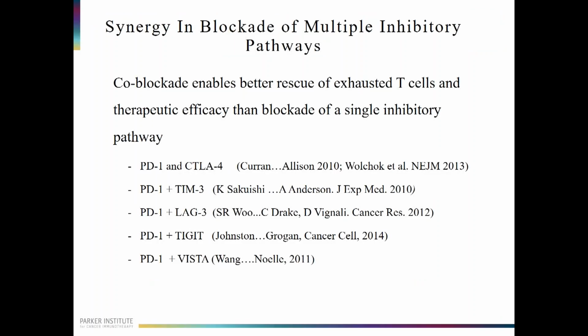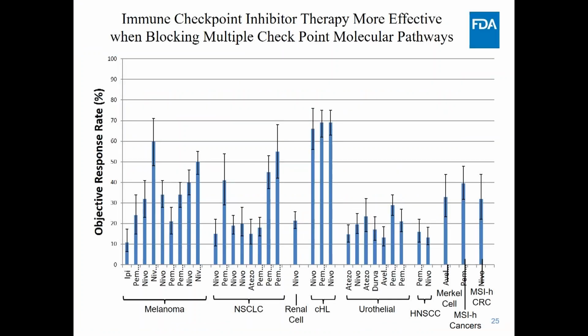In studies thus far, there really is synergy in blockade of these pathways. We've certainly seen it with PD-1 and CTLA-4, and again, it's increasingly being explored with the more minor checkpoint inhibitors. So immune checkpoint inhibitor therapy can be more effective when blocking multiple checkpoint molecular pathways.